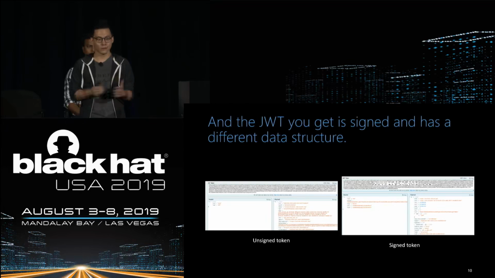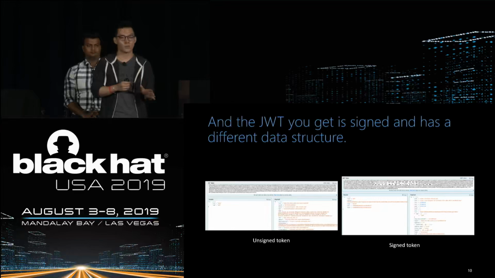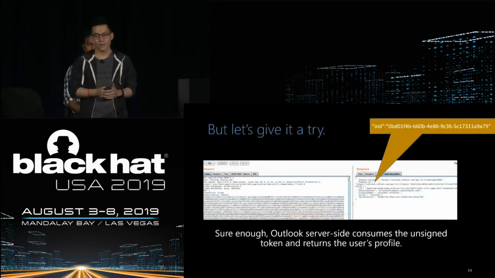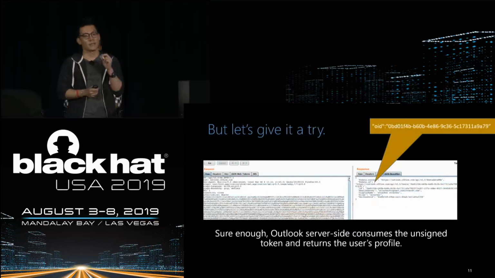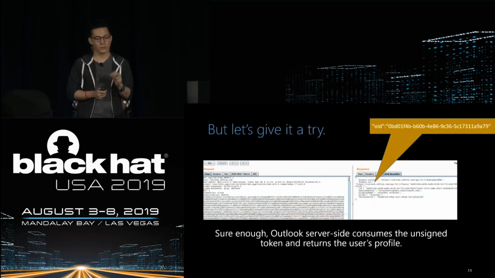Also, those tokens have totally different data structures. So it's kind of irrelevant at first, totally irrelevant. But why not give it a try? So I just set this unsigned token in the authorization header and sent a request to one of the basic RESTful APIs.